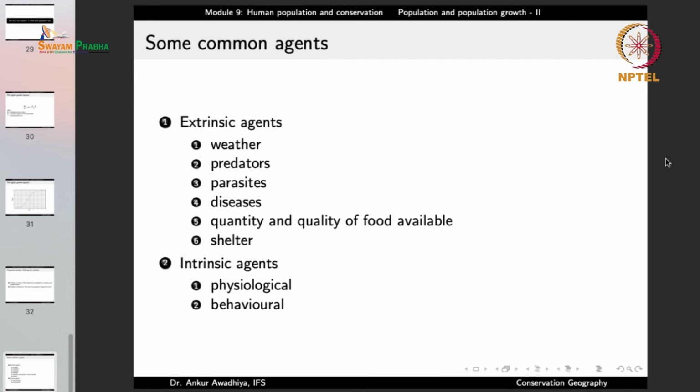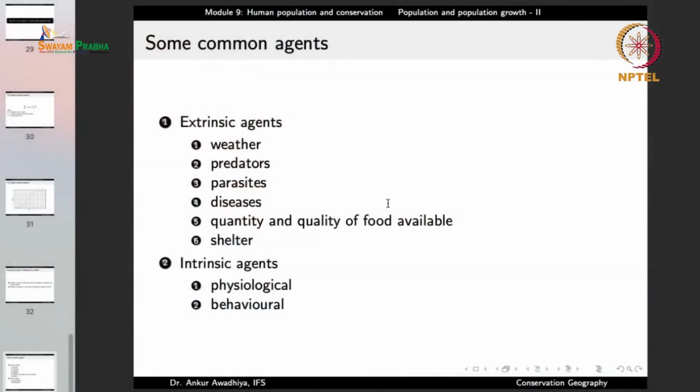In the case of wildlife populations, there are certain agents that have been known. The size of the population and its growth rate is determined by several extrinsic agents, that is outside agents, and intrinsic agents. Extrinsic agents include things like weather, predators, parasites, diseases, quantity and quality of food that is available, and shelter that is available. For example, if there is a disease that wipes out a major chunk of the population, the size will decrease.